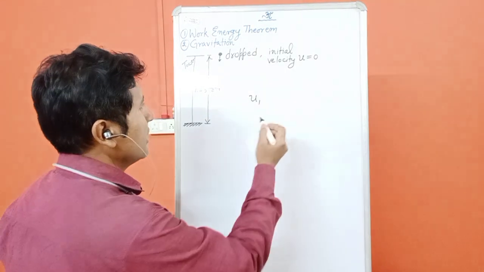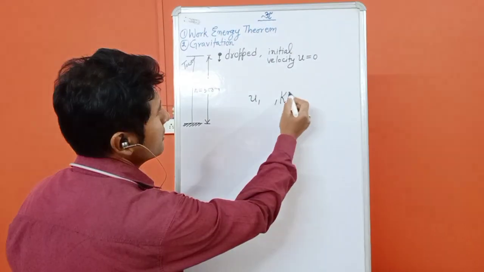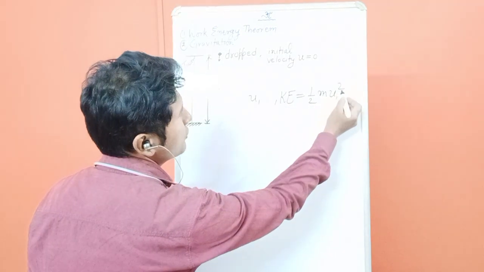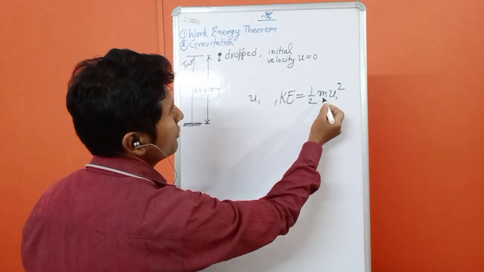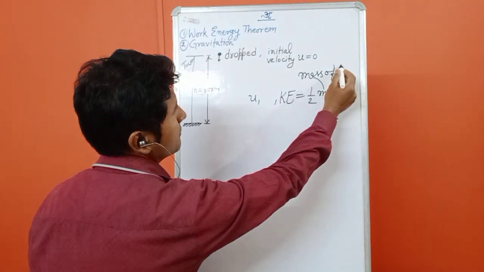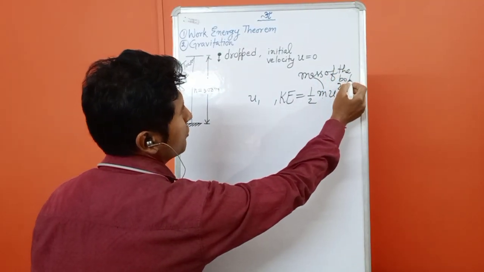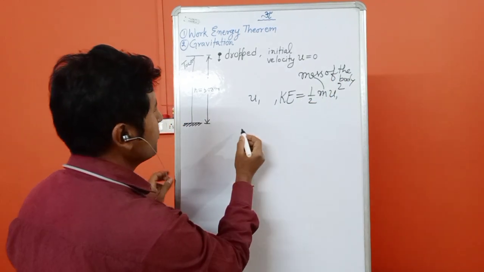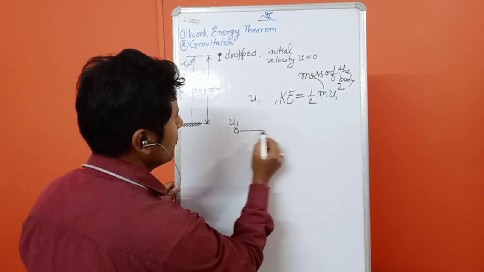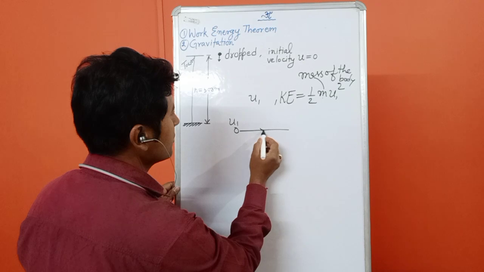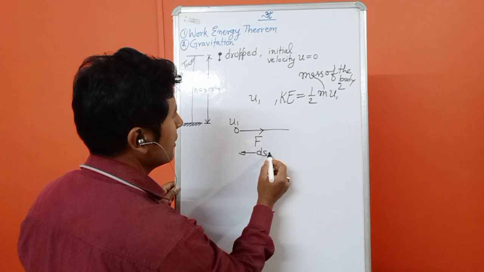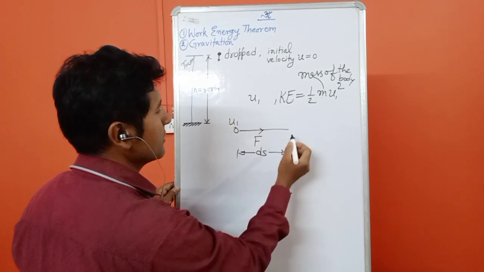Now the kinetic energy will be half m u1 square, where m is the mass of the body, right? Now let's suppose this was u1 and you have applied the force F, due to which the body got displaced up to this distance, correct?